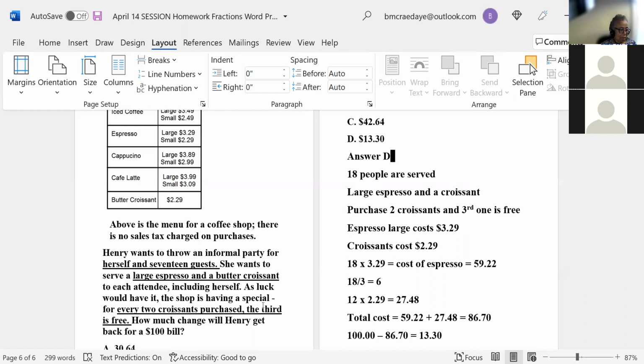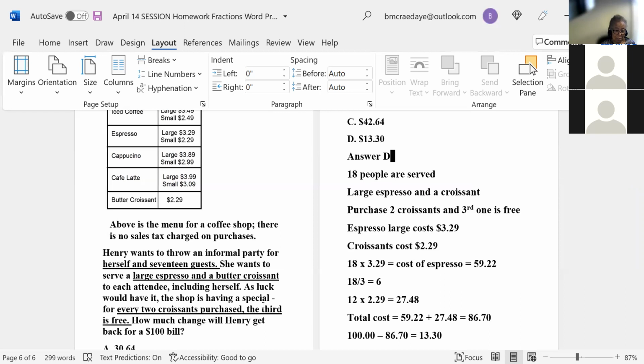Any questions on that last problem? You think you could solve another one like that if you had it? Or at least be able to set it up. Some problems, you set up how you would get the answer.